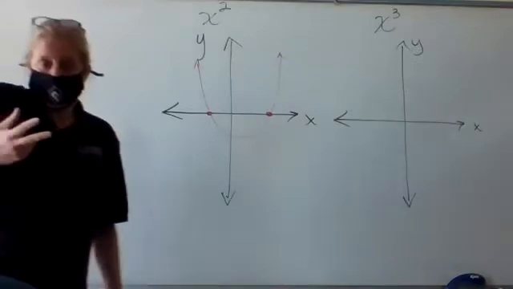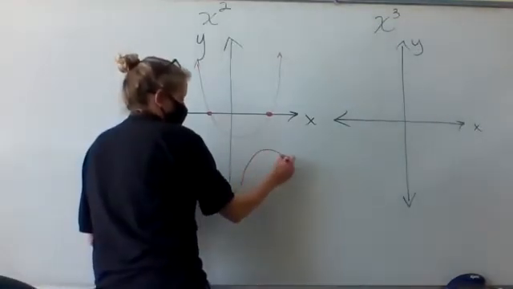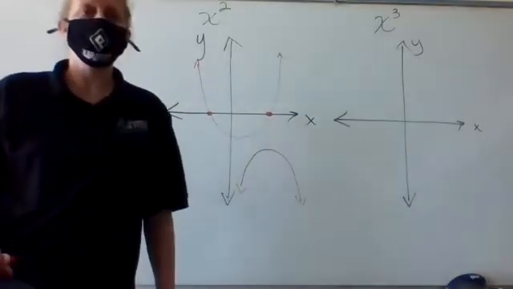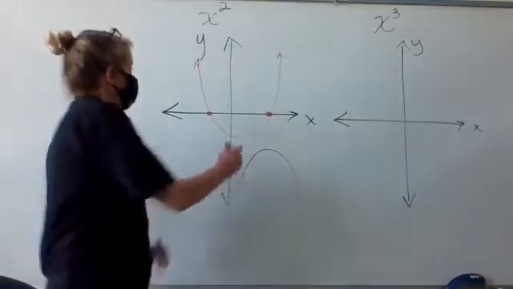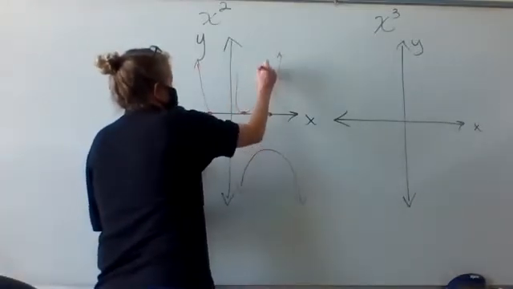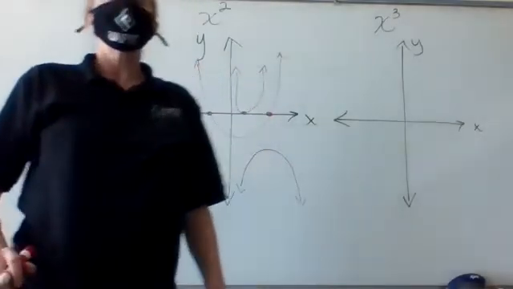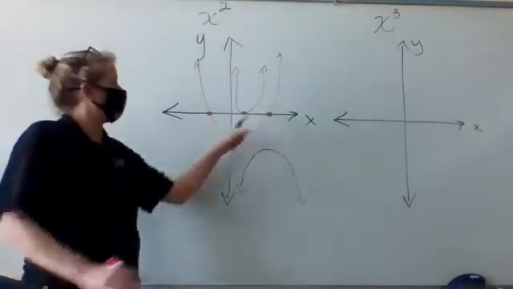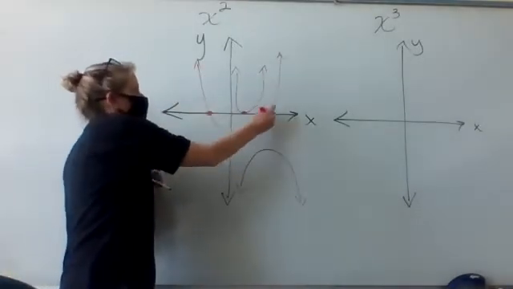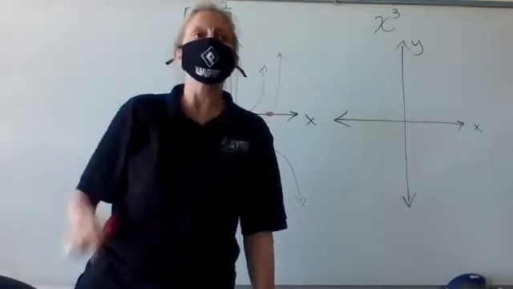It can have less than that. For instance, if you're an upside down parabola and you're down here, you're not going to have any x-intercepts or zeros. What if you're a parabola and you touch the x-axis and you go back the other way? You would have one x-intercept. But the maximum number you would be able to have is like this first one that I drew. I can't have more than 2 x-intercepts if I am an x squared graph.